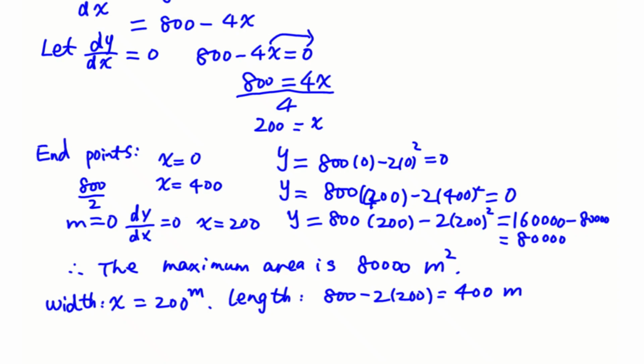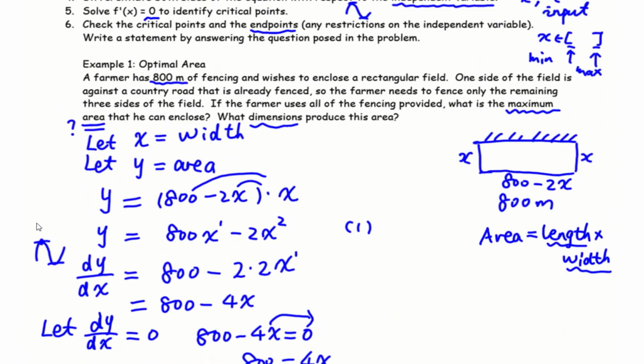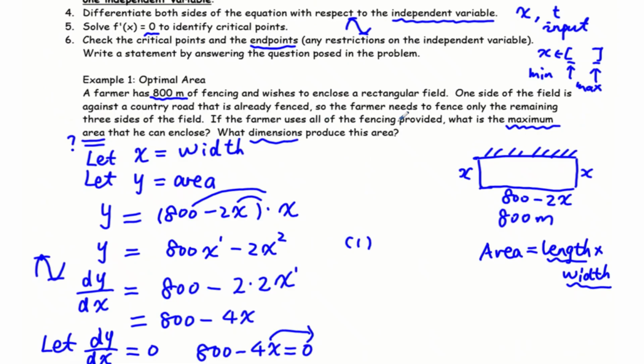So this is go back and check. What we have done is, the question asks us to find the maximum area. Whatever comes after maximum or minimum, that word is our y. So we let y equals area, then it asks you the dimension, so we let x equals one of the dimensions. If you have multiple dimensions, we try to use that one for the input x.